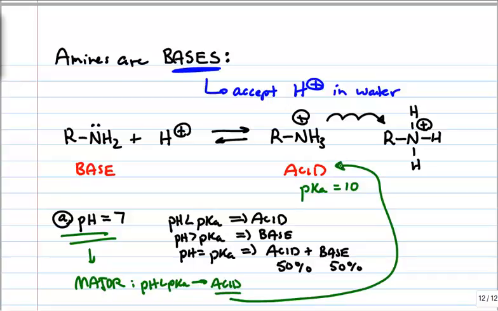That's it. So we're not getting into specifics about what is the percentage, but we know that if you put a general primary amine in water and adjust the pH to 7, the acid form will be in greater amounts, greater than 50% in water.